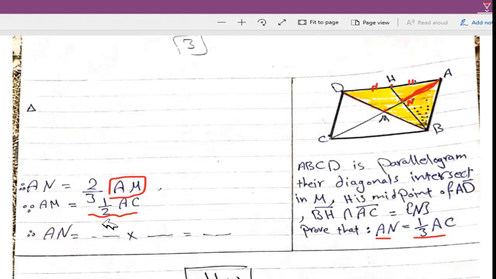So AN equals 2/3 by half of AC. 2 by 1 is 2, 3 by 2 is 6. So 2/6 by AC. After simplifying, it will be 1/3 of AC. Or you can cancel 2 with this 2, so it will be 1/3.